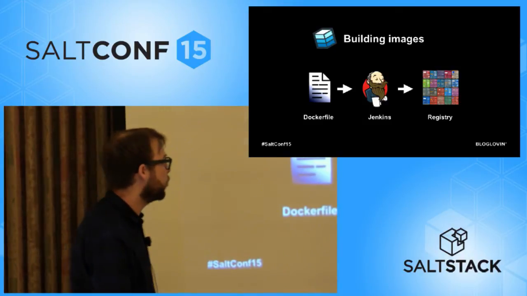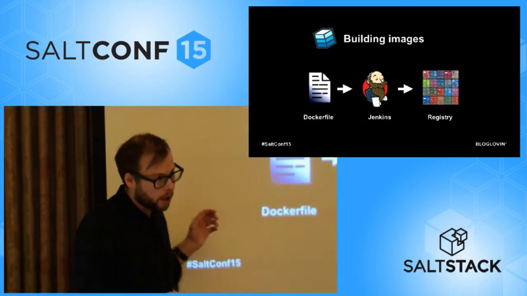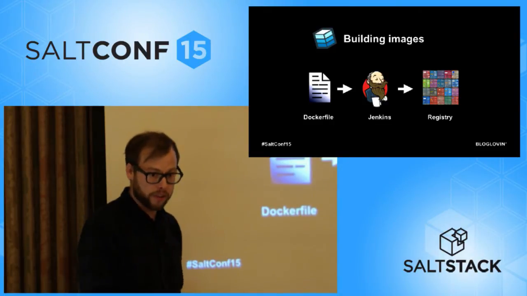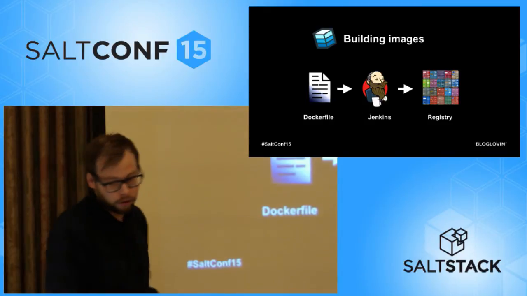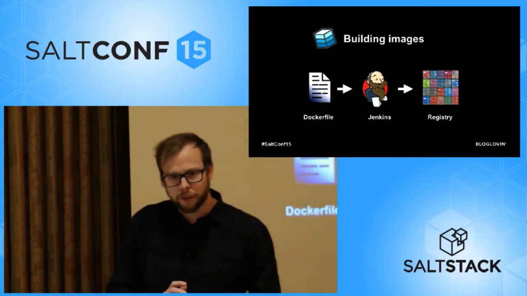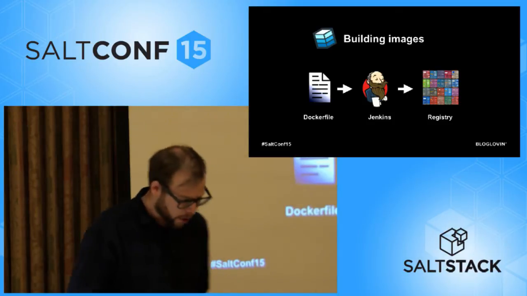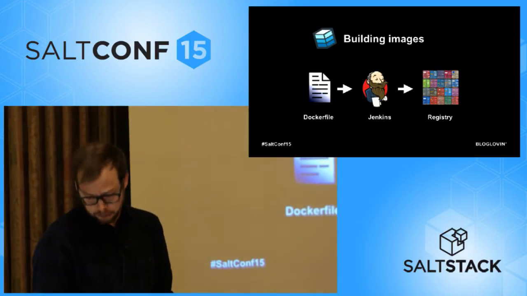So how do we build images? Building images and pushing images is the same in both these phases. We're using a Dockerfile. There's been a lot of discussion lately about whether the Dockerfile is fast enough or good enough. It's been working quite well for us.